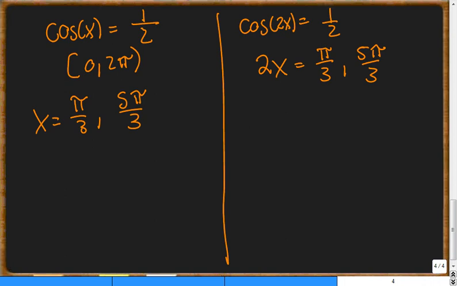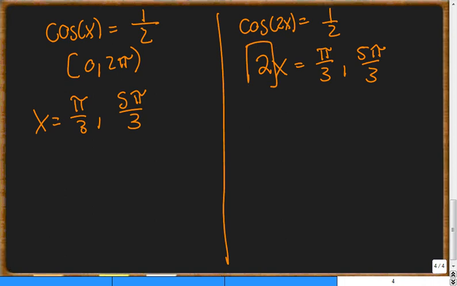Now, with this, you are going to divide by 2. But that's not the only difference. Because, remember, twice as much is happening inside of this range, right? So, we don't have the 4 answers that we are expecting. We need to create more answers. So we need to create more coterminals to that. Okay?